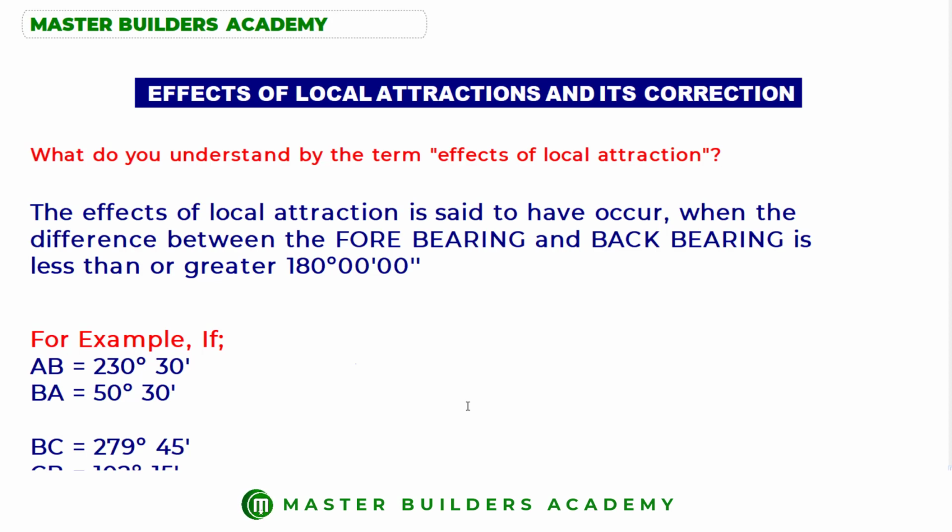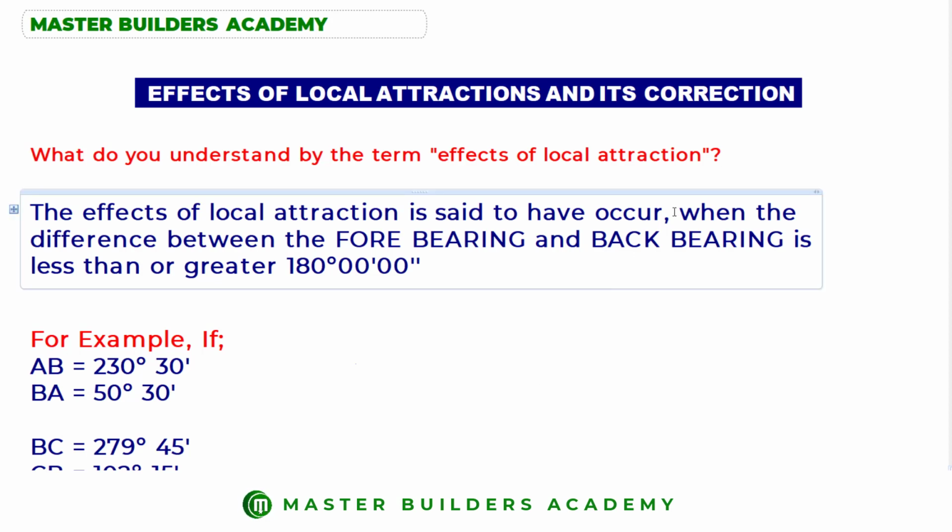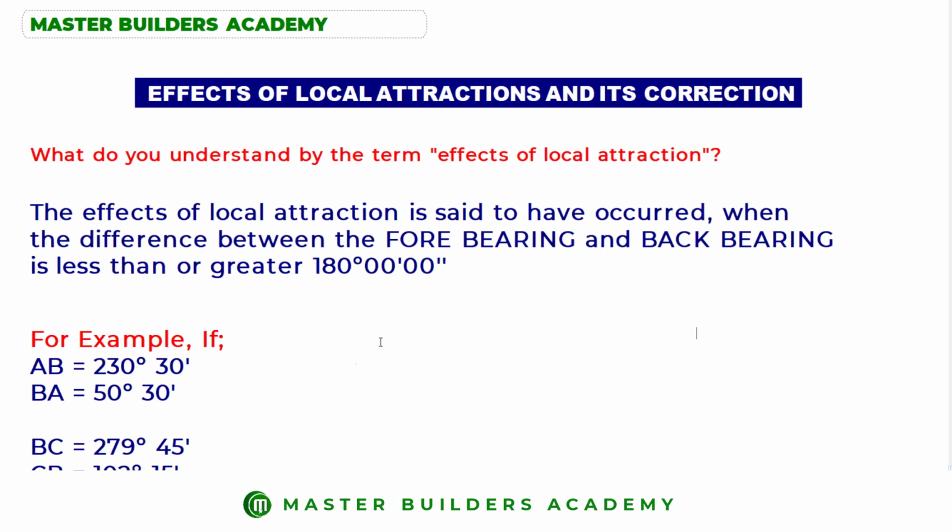Now, let me explain this to you. By what you can see on the screen, the effect of local attraction is said to have occurred when the difference between the forebearing and the back bearing is less than or greater than 180 degrees, 0 minutes, and 0 seconds.